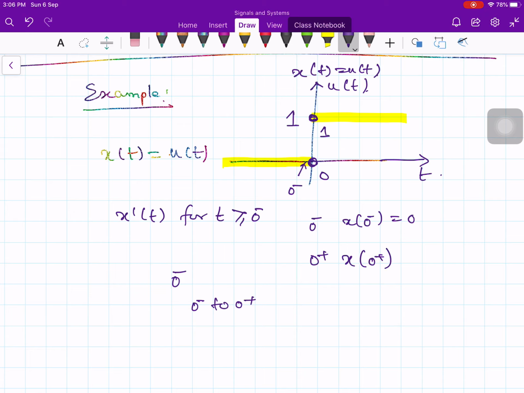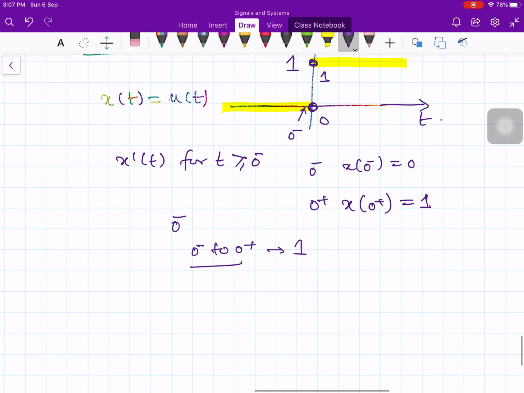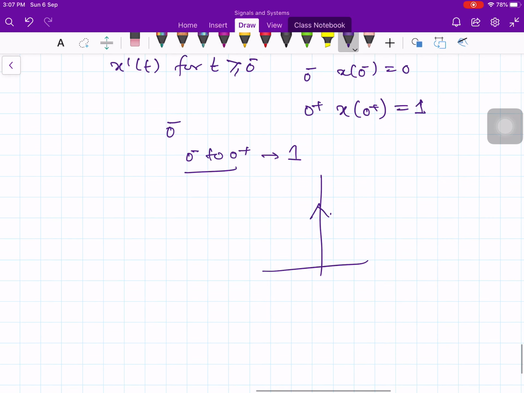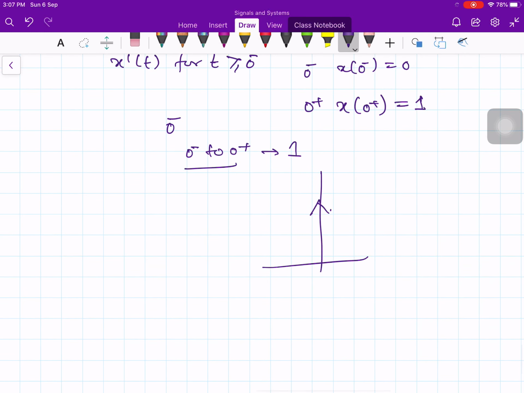So from 0 minus to 0 plus, it goes through a jump of 1 unit. So the derivative of this function will be an impulse, because it is jumping from 0 to 1. So x dash of t is equal to delta of t. The derivative is infinite in this case. So when you integrate the impulse, you get a rise of a step of 1.